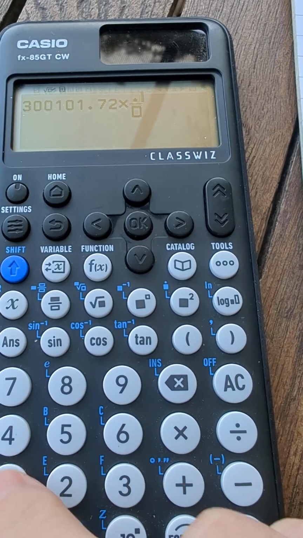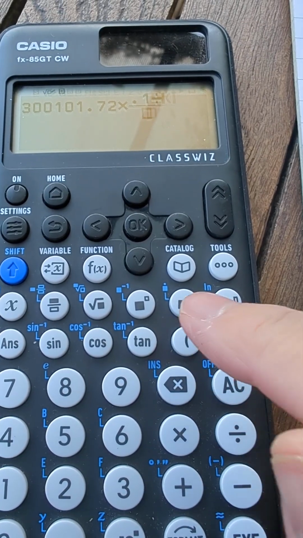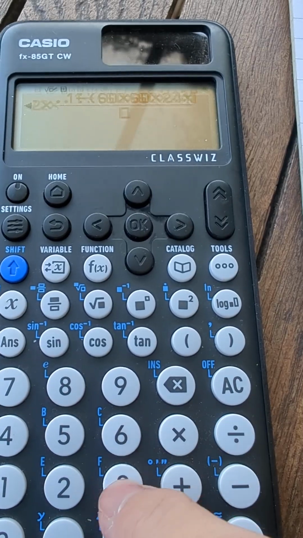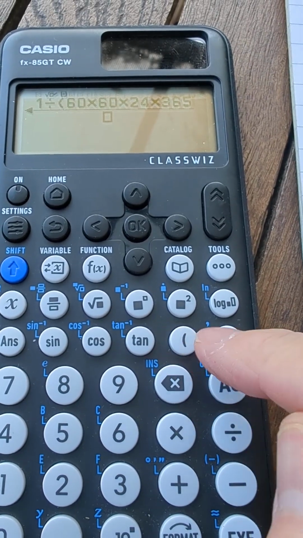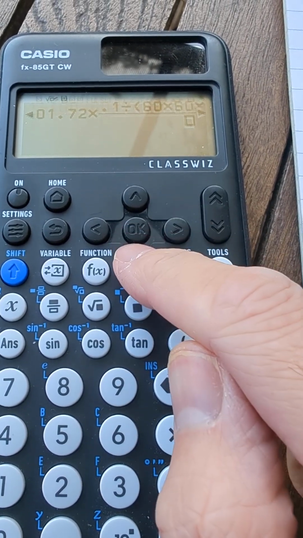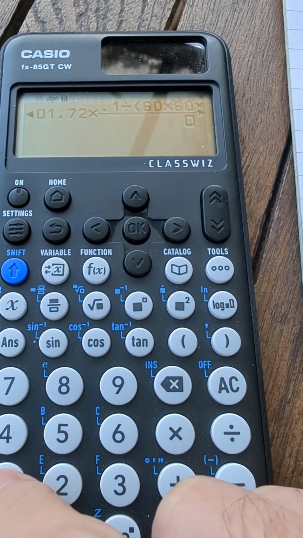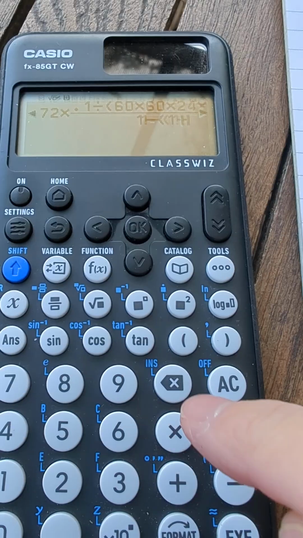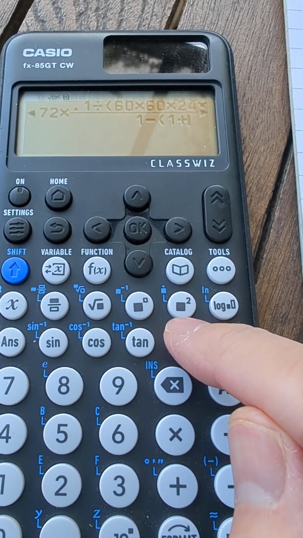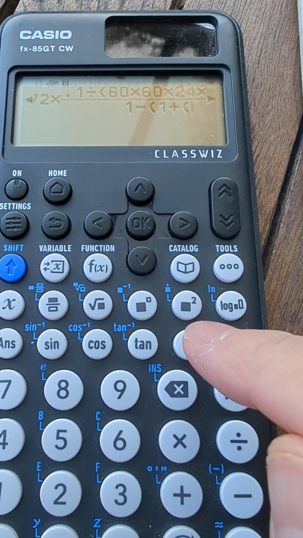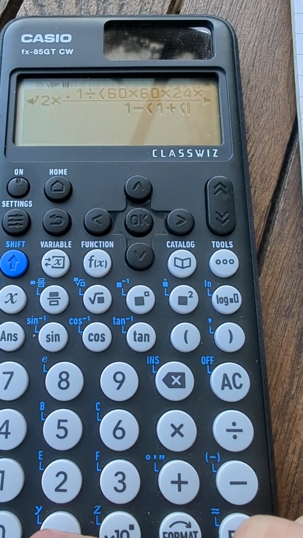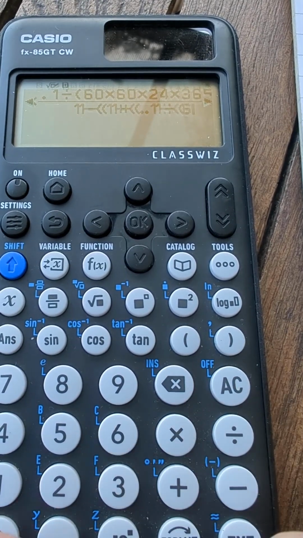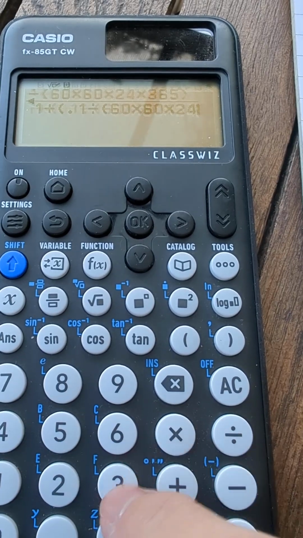So the interest rate is going to be 0.1 divided by, and then bracket 60 times 60 times 24 times 365, close brackets. And then in the bottom, it's going to be 1 minus brackets, and then 1 plus the interest rate again, which is 0.1 divided by n, which is 60 times 60 times 24 times 365.